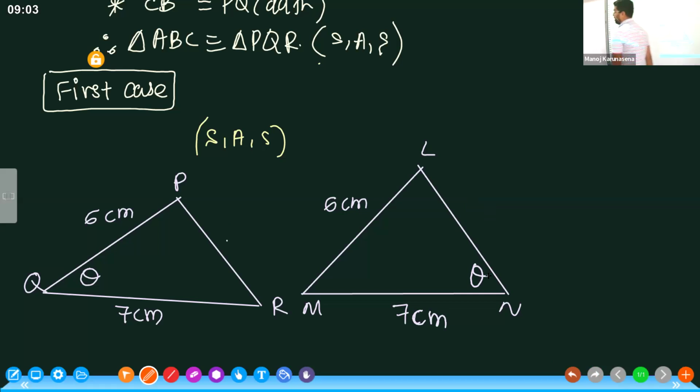My question: can I consider these two triangles congruent to one another? No. What is the reason? Because the included angle is not equal.